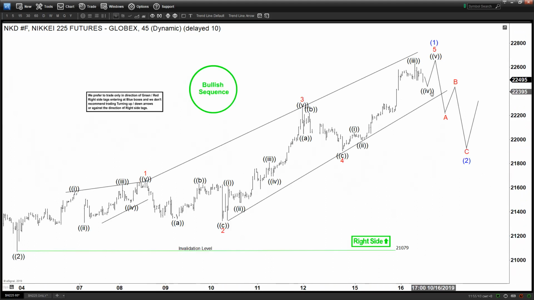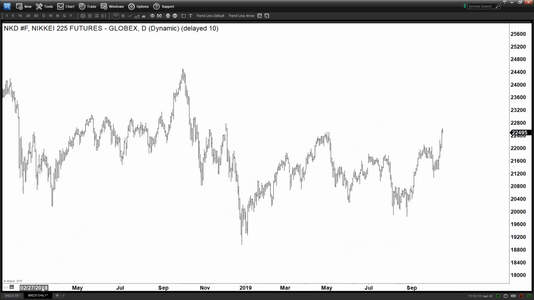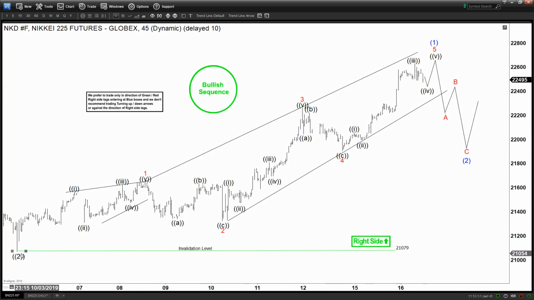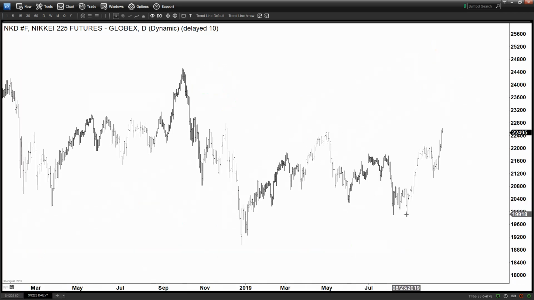If you take a look here, this is your wave 2 at 21,079. That should be this 21,079 here. So that means this is your wave 1 here.